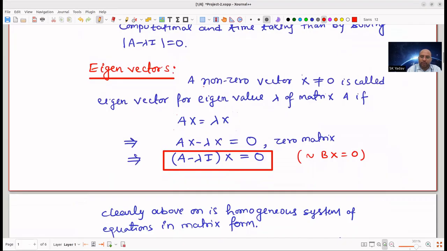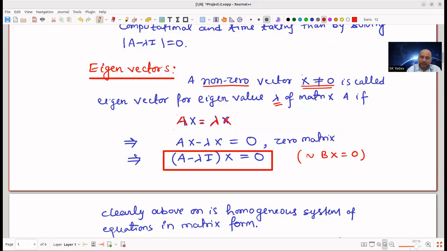A non-zero, remember the word non-zero, vector x is called an eigenvector for the eigenvalue lambda of matrix A if Ax equals lambda x. That means I want to find the vector which is transformed into a constant multiple of itself by matrix A.